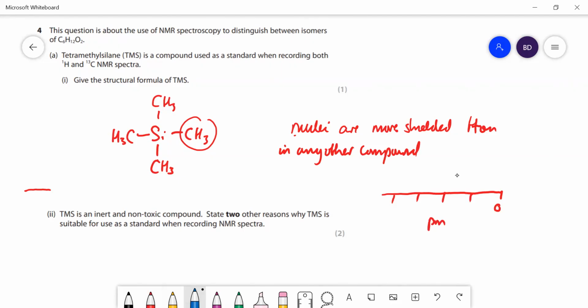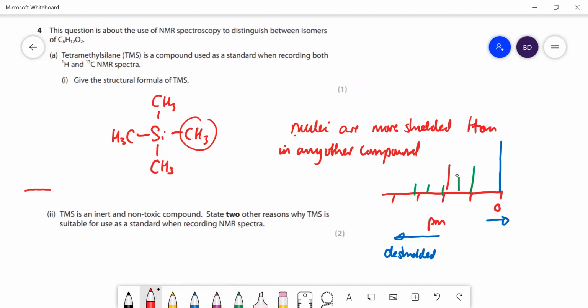When you're going that way, these are de-shielded nuclei, and the highly shielded ones you find down here. So your TMS peak is going to be at the right, away from all the peaks in your sample, so you're not going to get mixed up. It's not going to be in the middle, like that red one, which might overlap with one of your real peaks. Because it's more shielded, it'll be to the right. That's the most important reason, I think.